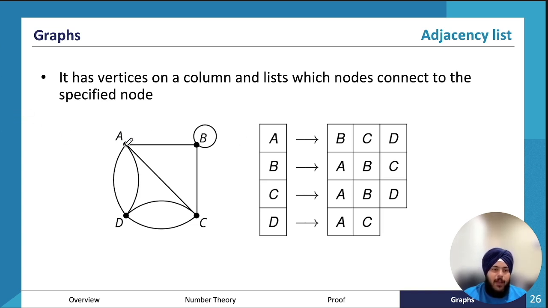So for example, for A and D, there are 2 connections. So there will be a number 2 at the corresponding row and column for A and D. Whereas here, we are just writing down what the actual connections are, not giving any indication of the quantity.